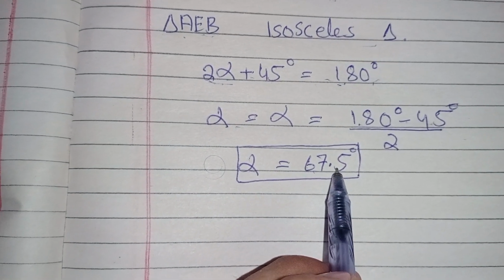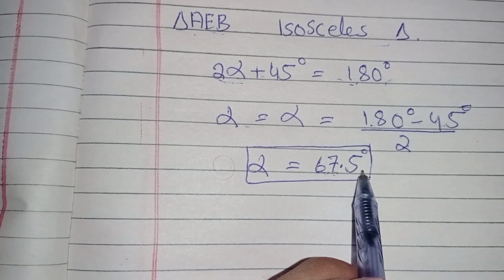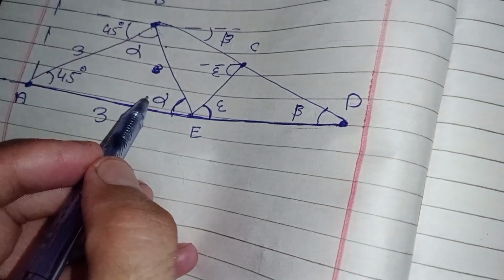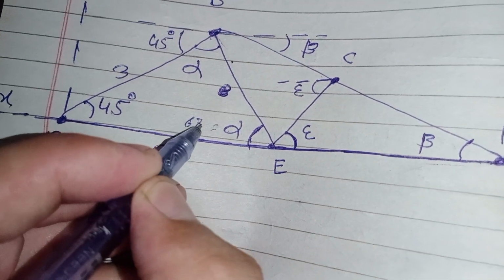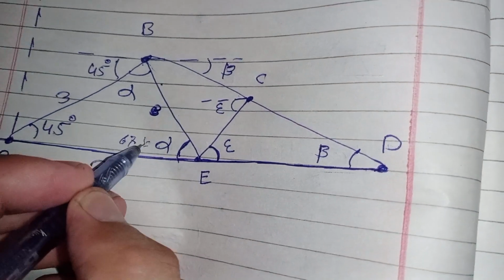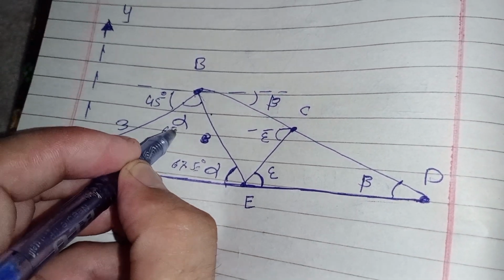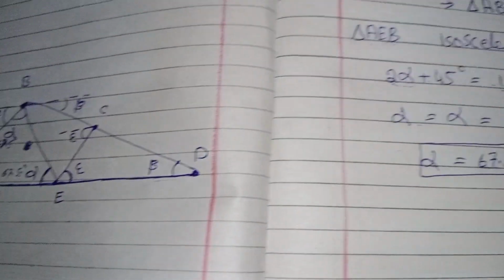So alpha will be equal to 67.5 degrees. So the alpha angle is found, it is 67.5 degrees. This also is 67.5 degrees.